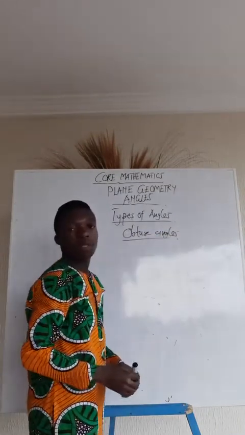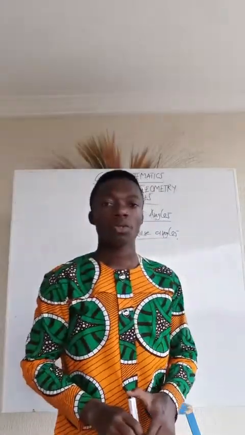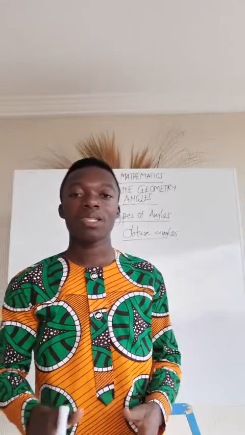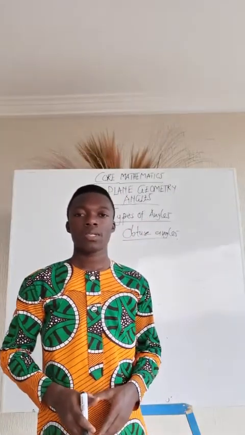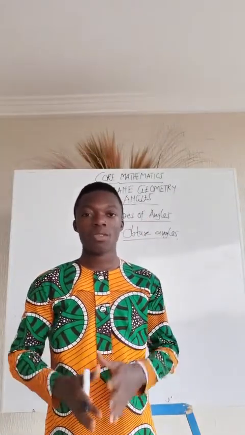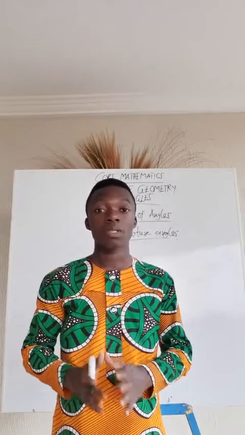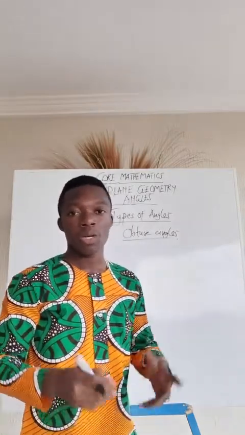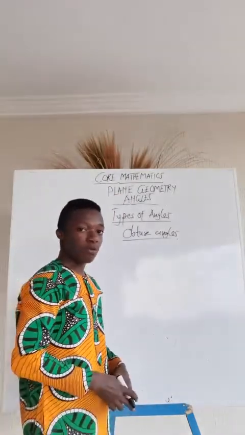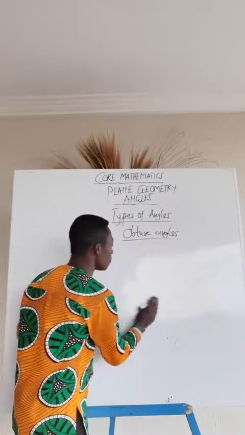We are saying that obtuse angles are also those angles that are greater than 90 degrees but less than 180 degrees. Obtuse angles are those that are greater than 90 degrees but less than 180 degrees. So in mathematical expression form, I have this illustration.